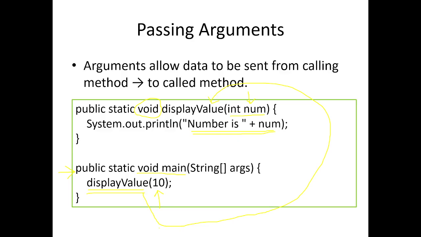If this 10 is not 10, maybe it's another number, maybe 15, then that 15 will be accepted in display value, inside your arguments or parameter. The program still works. The output that will be displayed is number is 10.